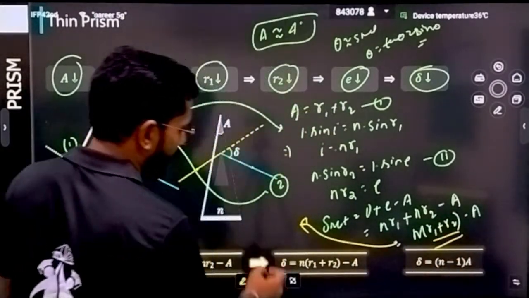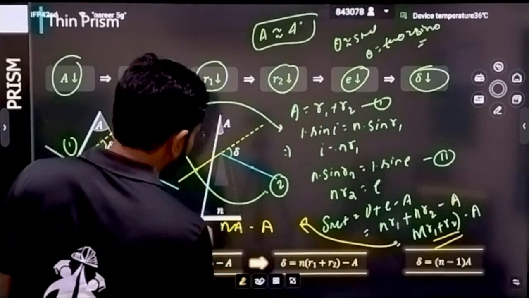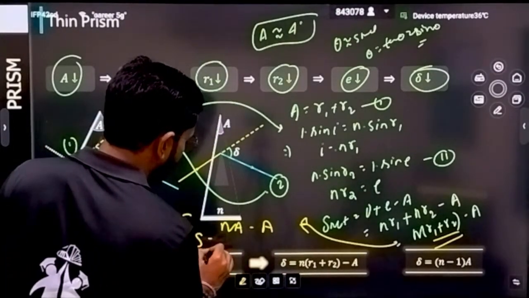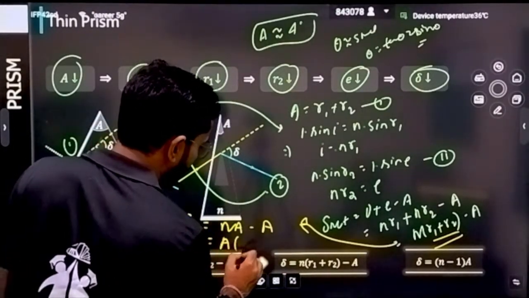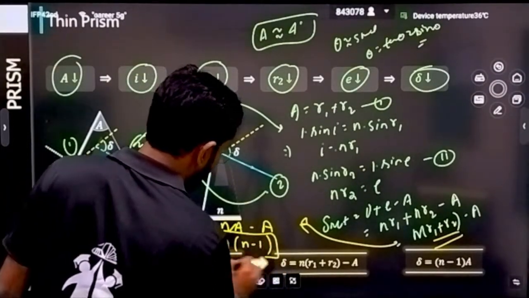R1 plus R2 is nothing but A. So this result will look like nA minus A. This is the formula for deviation of a thin prism. So finally, taking A common, the deviation is A(n minus 1).